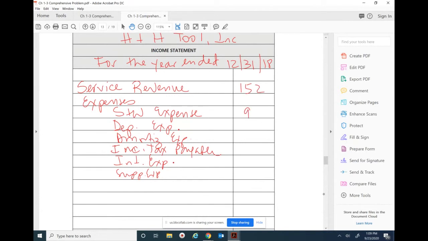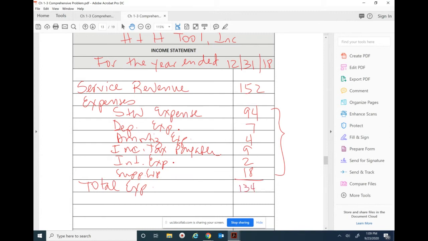I have salaries and wage expense 94. 7 is depreciation expense. 4 is the amortization expense. Income tax expense is 9. Interest expense is 2, and supplies expense is 18. So we'll add all of these expenses and we'll report total expenses. So total expenses here are 134.